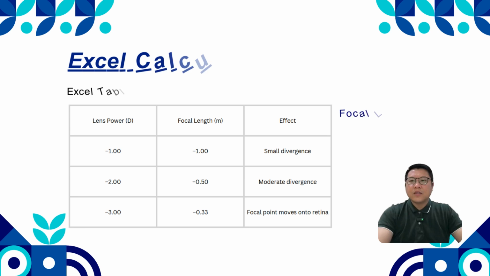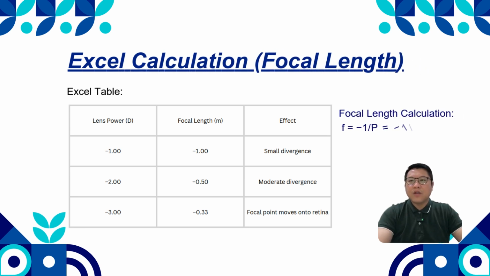The Excel calculation provides a clear comparison of how different negative lens powers affect focal length. For example, a -1 lens has a focal length of -1 meter, producing only mild divergence. A -2 lens reduces the focal length to -0.5 meter, creating a moderate divergent effect.